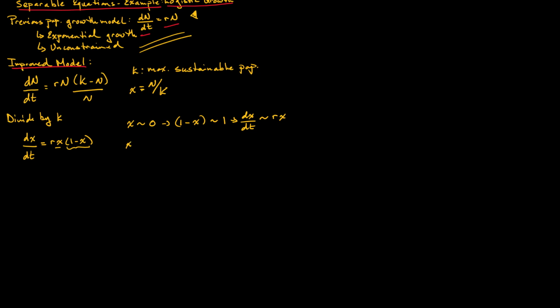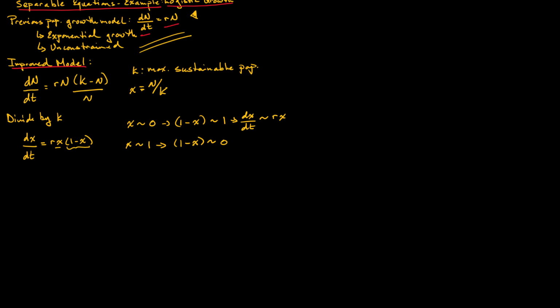But as x gets larger, and again, x can go from 0 to 1, so as x goes, let's just call it approximately 1, but really it can be 0.7, 0.8, whatever you might have, then 1 minus x will be approximately equal to 0.